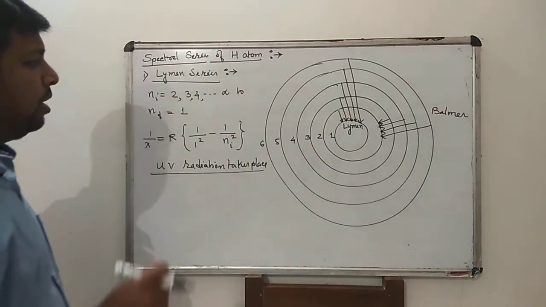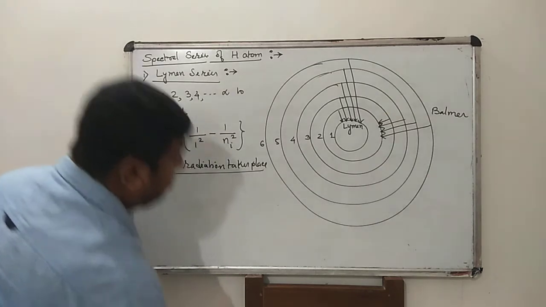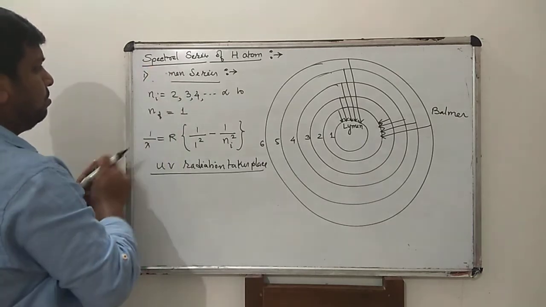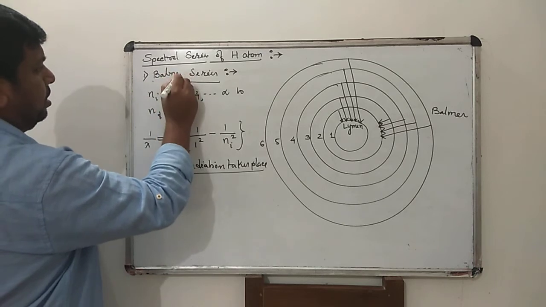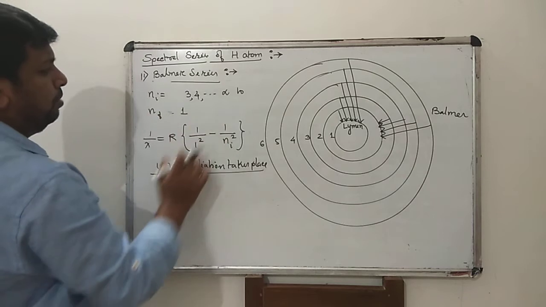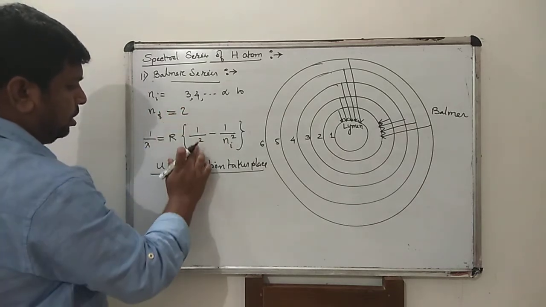So what happens in the Balmer series? In the Balmer series, Ni equal to 3, 4 up to infinity, to Nf equal to 2. So here this is 2 square.